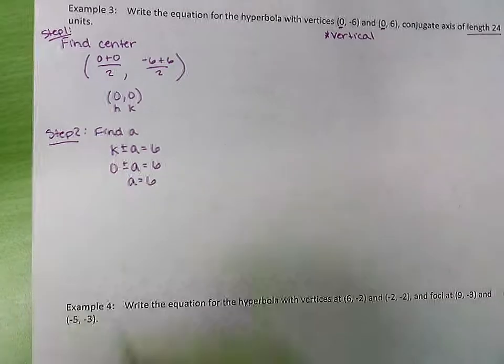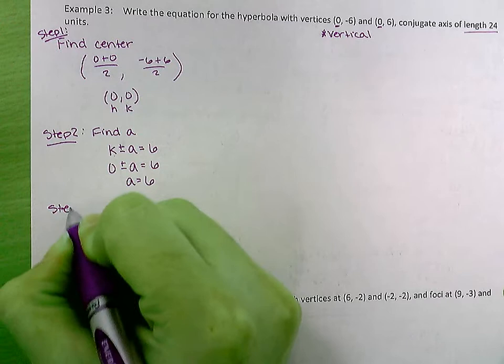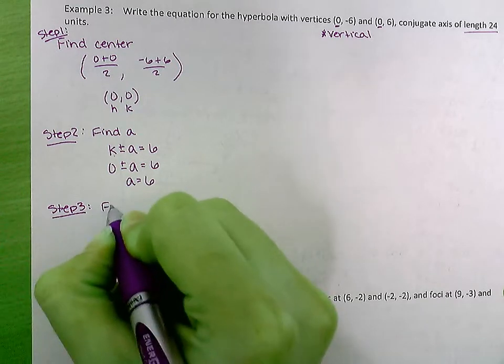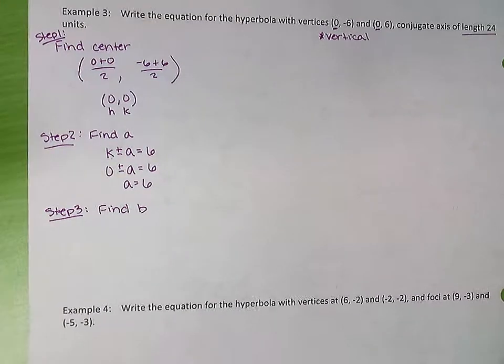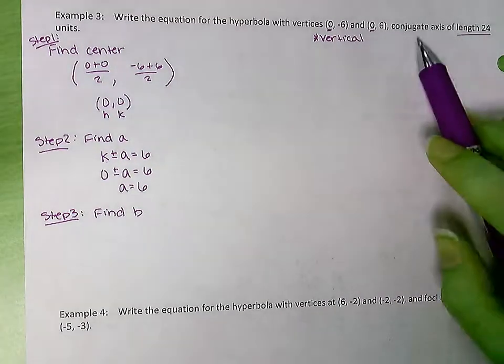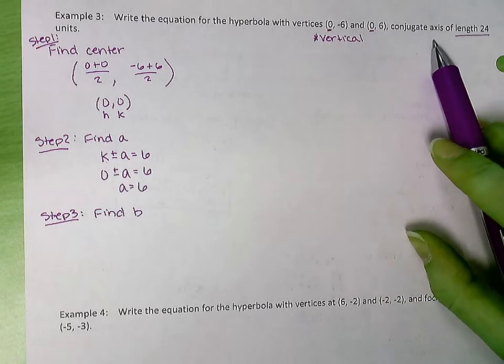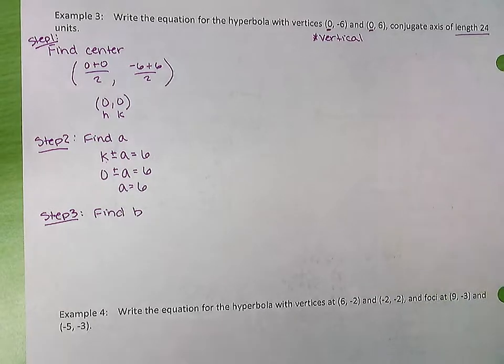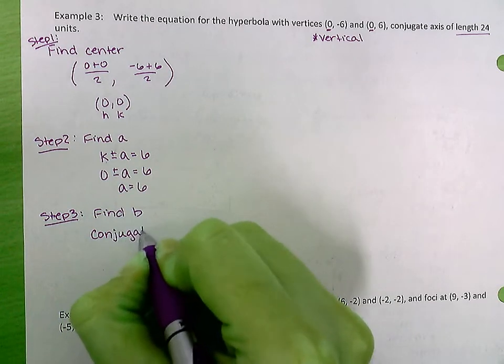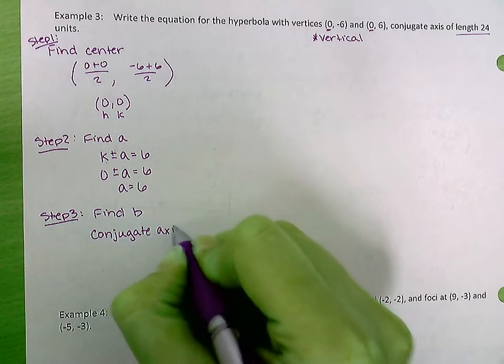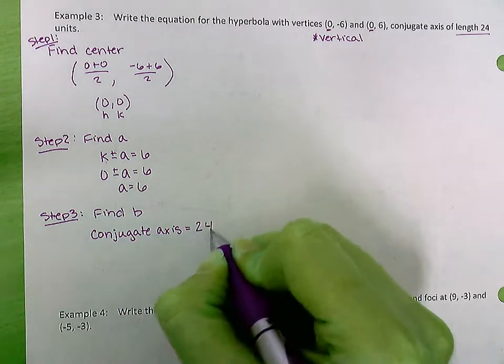Okay, my next step is to find B. Now to find B this time, I'm going to use that they gave me this conjugate axis. So your conjugate axis is equal to 24.